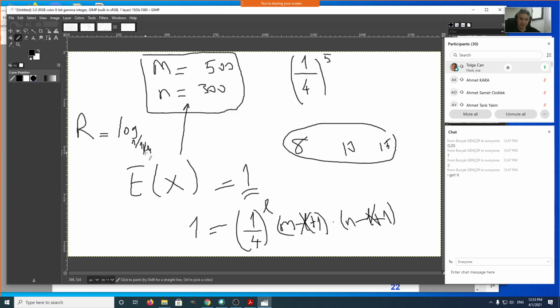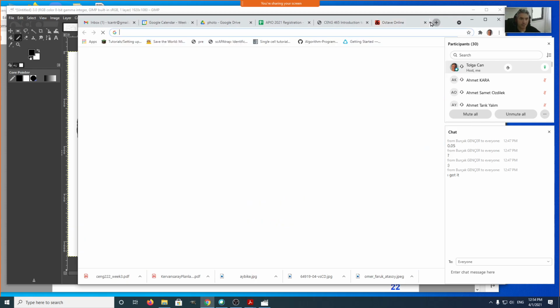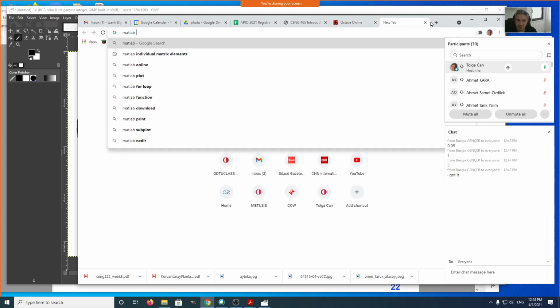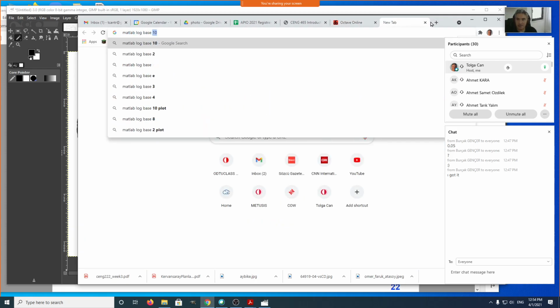Since the probability P is 1 over 4, this is going to be log base 4. So log base 4 of 300 times 500 is the length that we are going to be expecting. We can actually calculate that. So log base 4, let me see, MATLAB log base n.